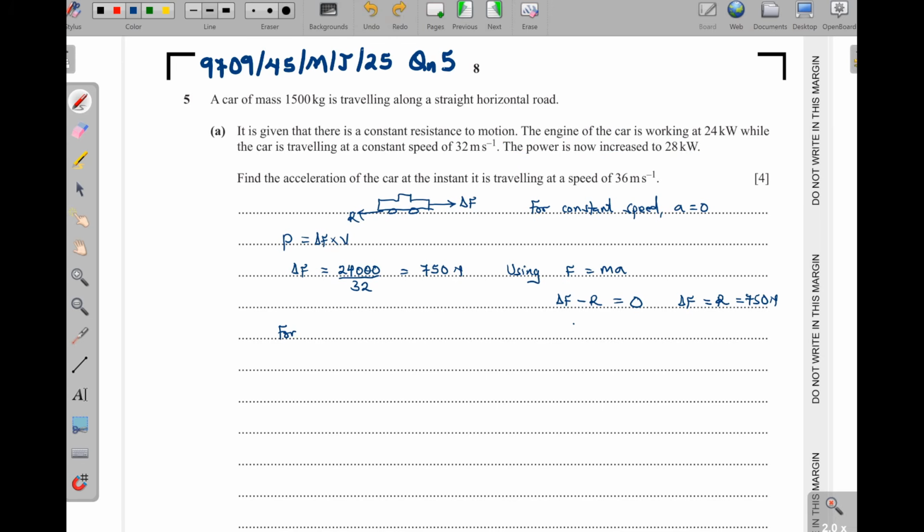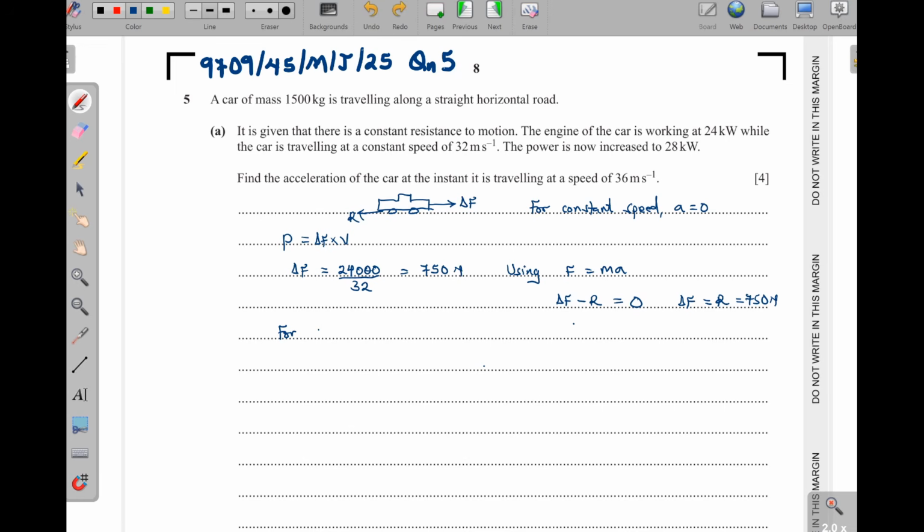Now, the power has changed. Remember, power is proportional to the driving force and the velocity. But the speed has been changed. That means we are going to get a new driving force. You see that?